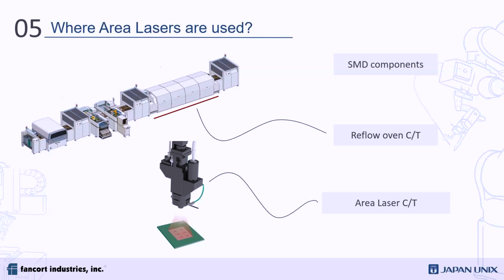Now we are focusing more on the area laser, which creates localized heat. It is most suitable in an SMD process, where the reflow oven and pick and place items are. So the area laser will be able to replace some of those.